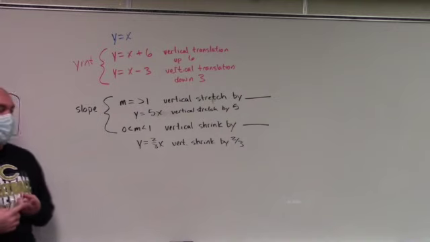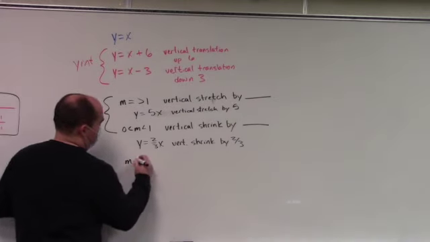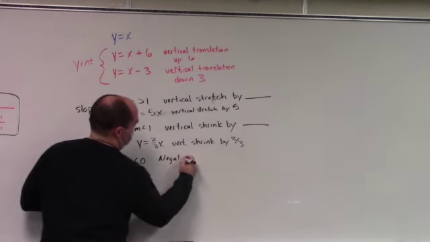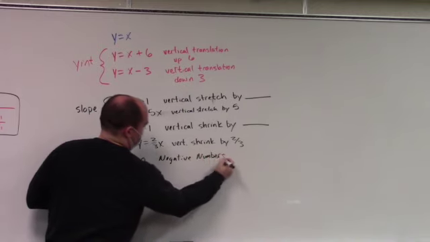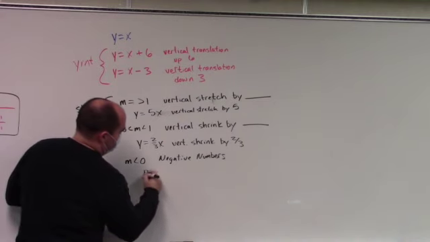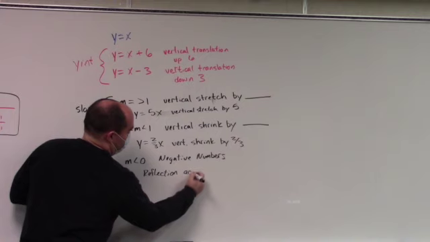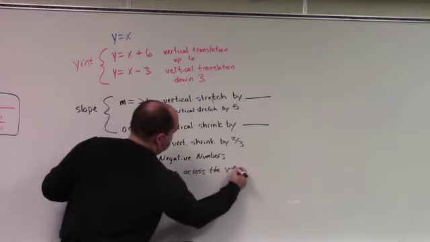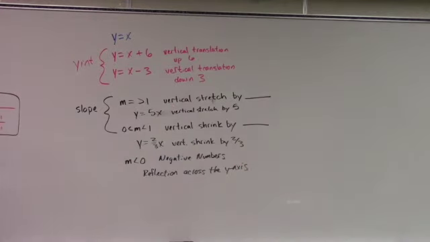Okay, so if you have a negative number, which means the m is less than 0, it is a reflection across the y-axis.